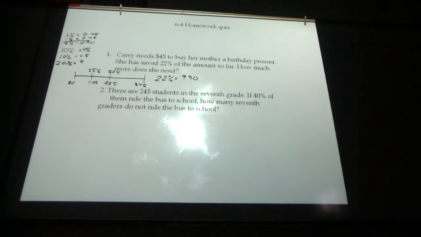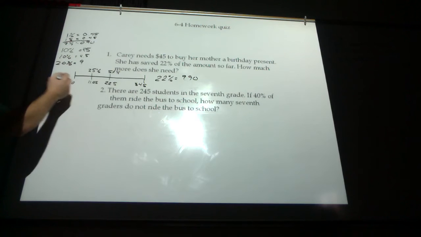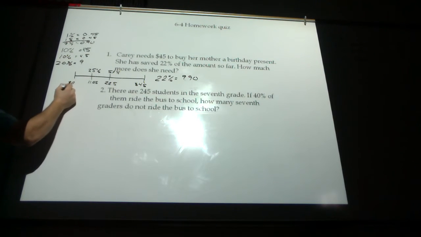Are we done? What else do we need to do now? The main question is, how much more does she need? So we take the total of 45 and subtract $9.90. I'm going to do that right here. 45, subtract $9.90.